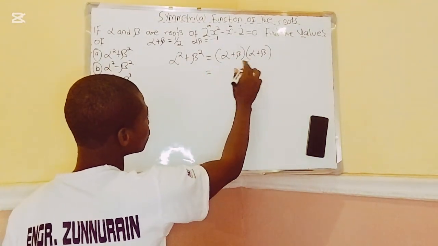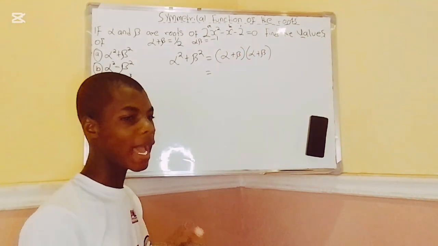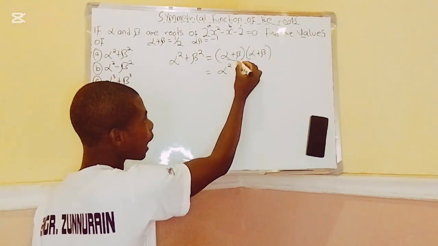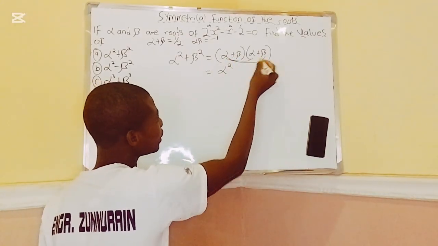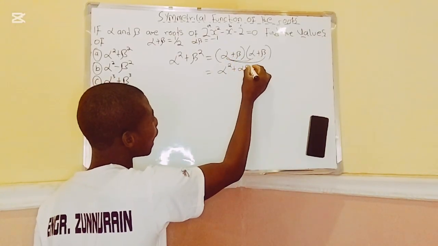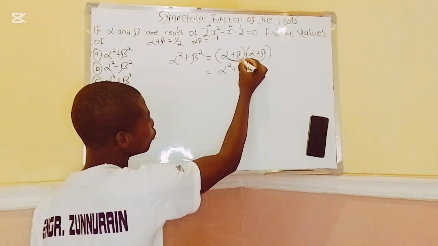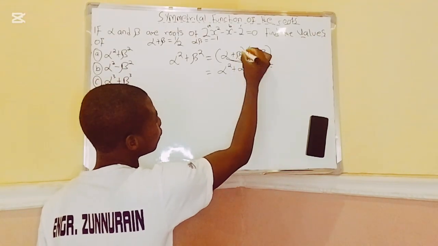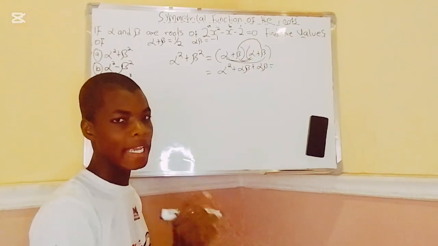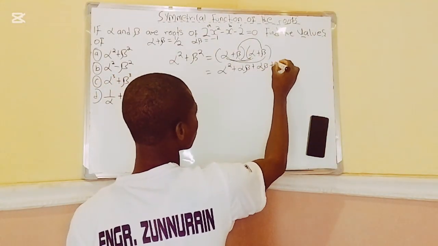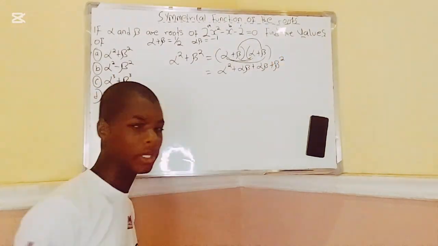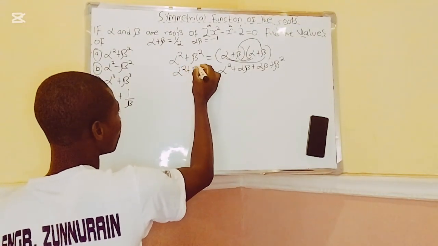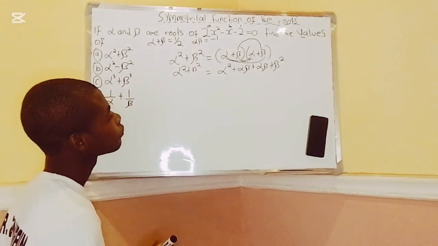Alpha multiplied by alpha will give you alpha squared. Then alpha multiplied by beta will give you plus alpha beta. And beta multiplied by alpha, the same thing, alpha beta. Then beta multiplied by beta will give you plus beta squared.